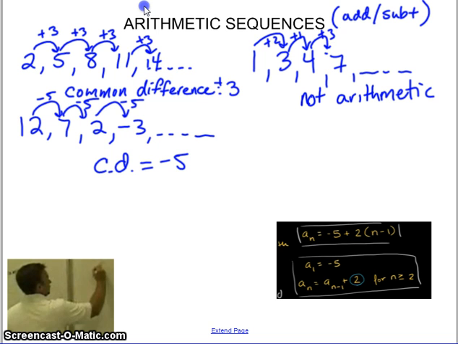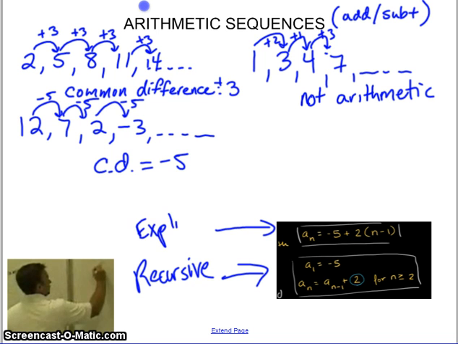In the video, it talks about two rules. We have the recursive rule, or recursive formula, which is right here, and then we have the explicit rule, or explicit formula. The difference is that the recursive rule mentions the previous term and the first term.